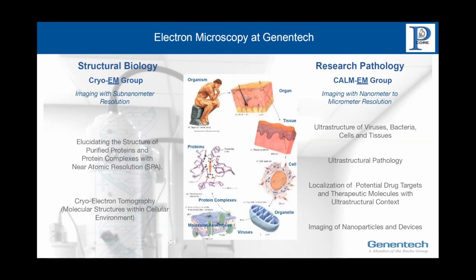I'm located in research pathology, and we are part of the Center for Advanced Light and Electron Microscopy. Our goal is to image all possible samples, mostly with non-cryogenic methods, and this includes a very large field from viruses, bacteria, tissues, and even devices and nanoparticles.